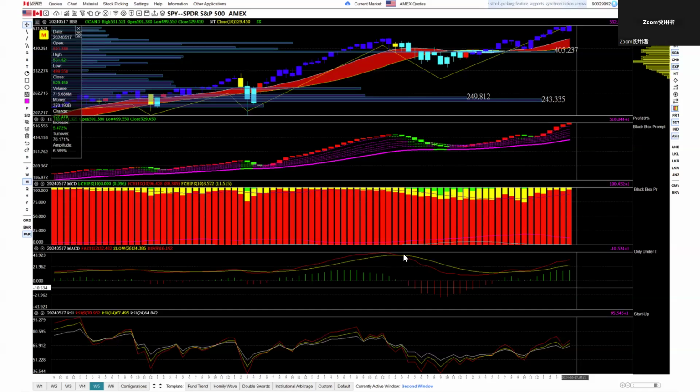There's a term, death cross, right? Death cross. It was just 1 month later than when the yellow candle appeared in panel 1.